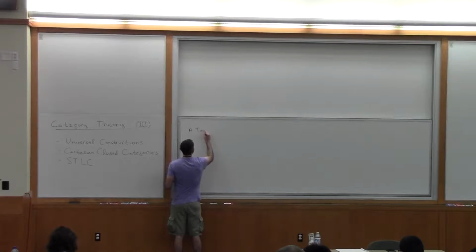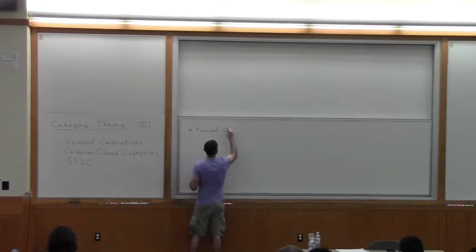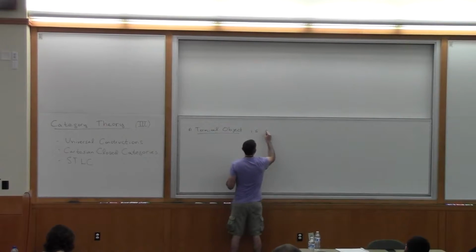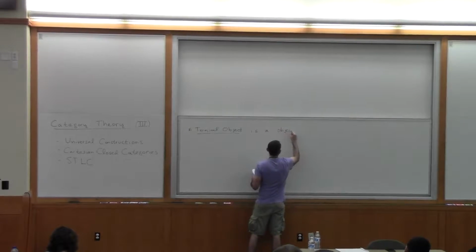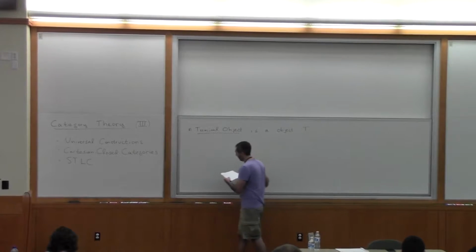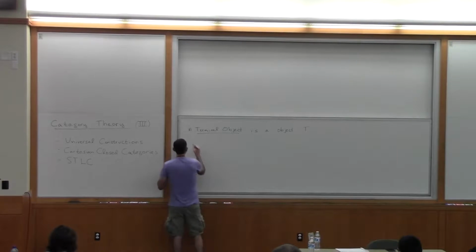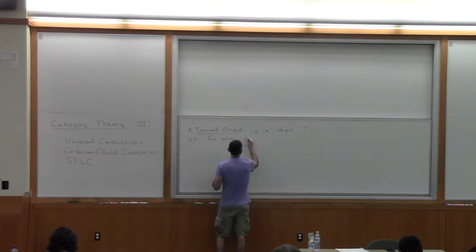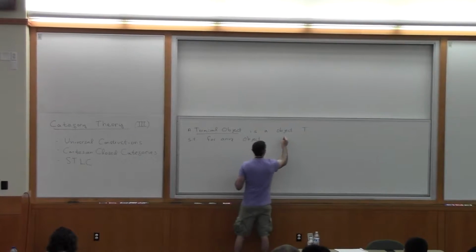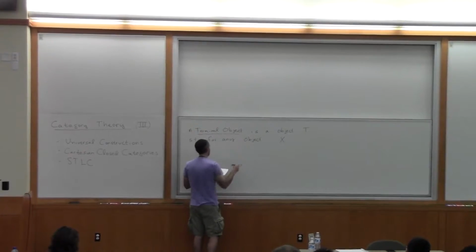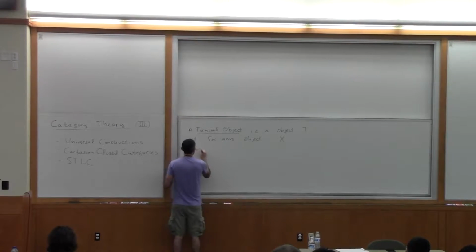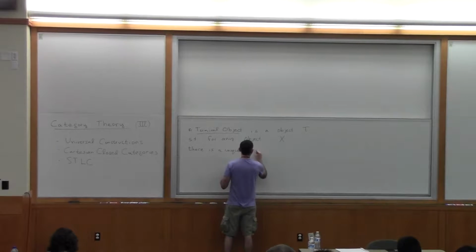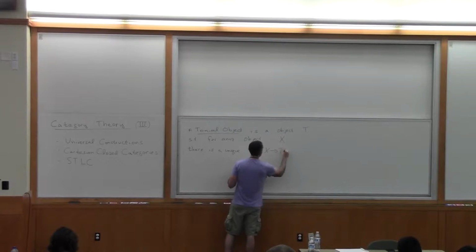So a terminal object is a distinguished object of a category, which I'll call T, the object, not the category, such that for any object of the category, which I'll call X, you should think of this as the distinguished thing, and this is like the probe thing, there is a unique arrow, which I'll call little x, going from the probe thing to the distinguished thing.